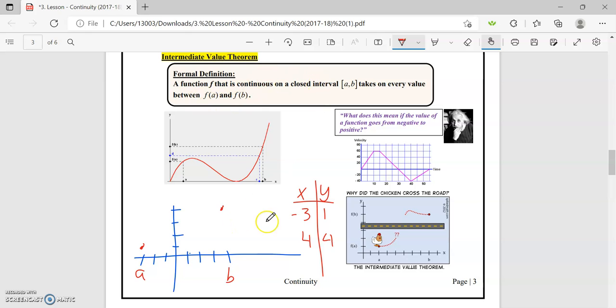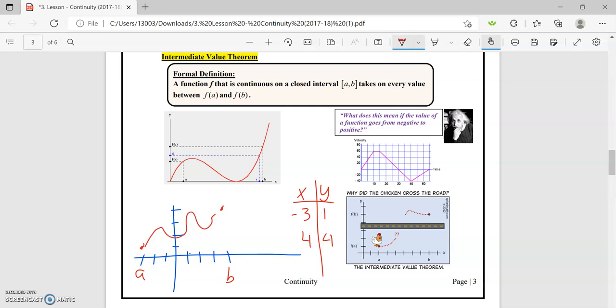So if we know f of a, f of b, and the graph is continuous, all it says is I am guaranteed to at some point cross, like if I wanted to map my function from a to b, I could do that, right? I could do any sorts of things.